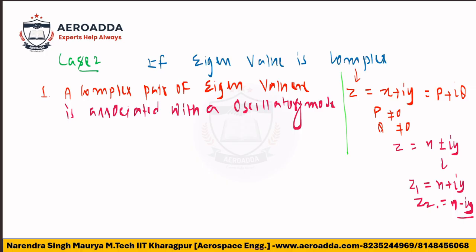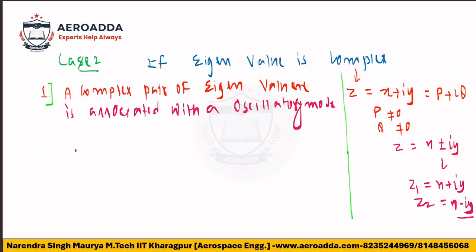That's the meaning of complex pair, both positive and negative. You will understand this whole thing more clearly when I solve numerical problems. Here I'm just giving the background.